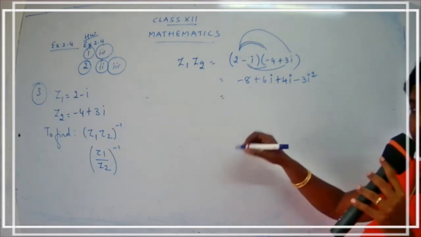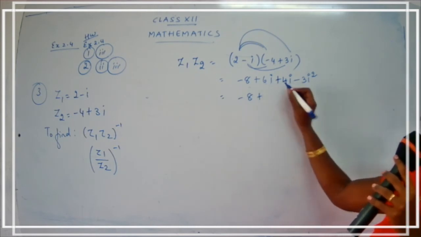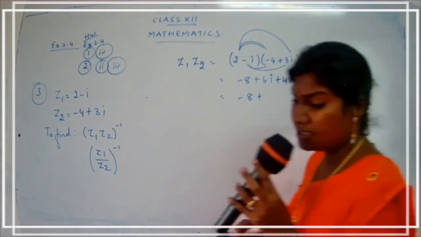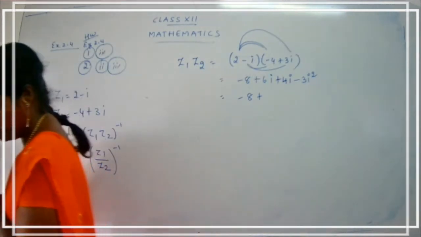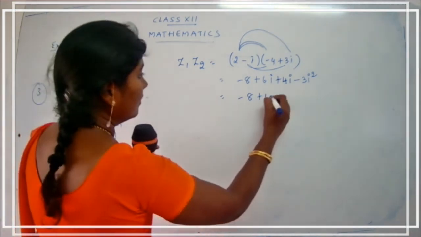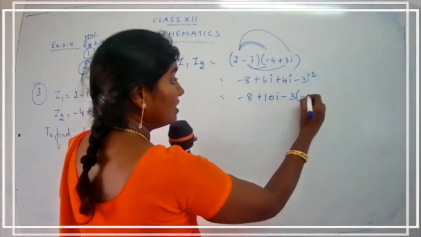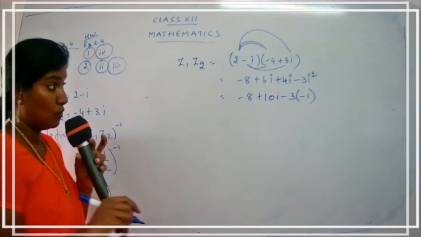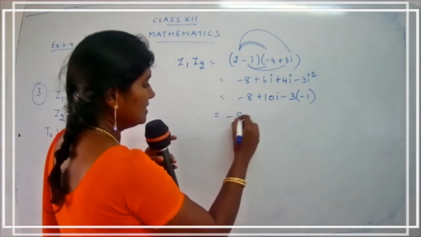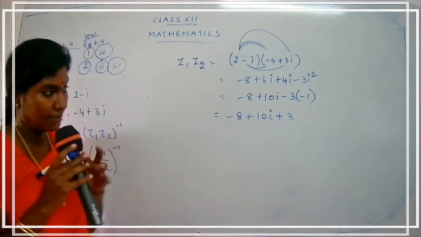Okay. Now let's continue. Minus 8 plus 6i plus 4i. What is 6i plus 4i, children? Yes, what's that? 10i. So I'll write that 10i. Minus 3i square. What is i square? It's minus 1. So minus 8 plus 10i plus 3. Clear?